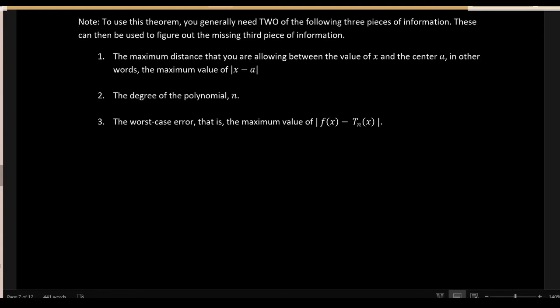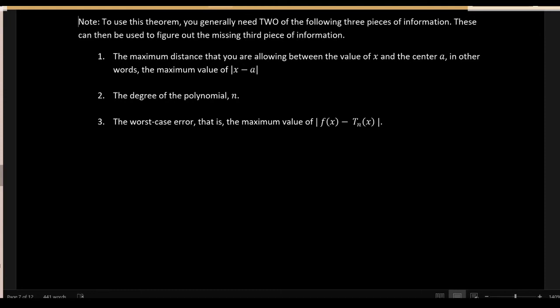You may be told the maximum distance that you are allowing in your particular problem between the value of x and the center a. So this is going to give you the maximum value of the quantity absolute value of x minus a in the theorem.